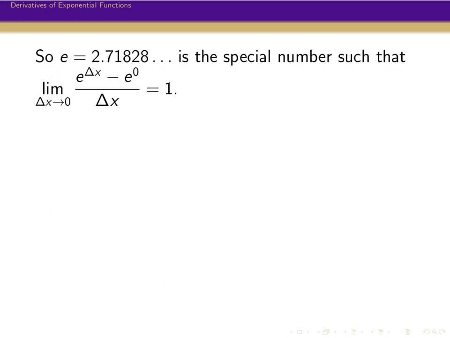So I don't want to keep writing out this number, so we should probably give it a name. B for base, that's already being used in our general term for base. C's already in the equation for constants. D is in derivative, so we got to pick another letter. So let's pick E. And so we're going to call this number E, and it's the special number, this 2.71828, that makes this limit exactly 1.